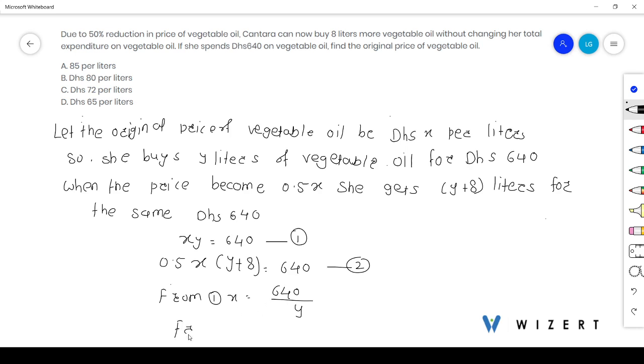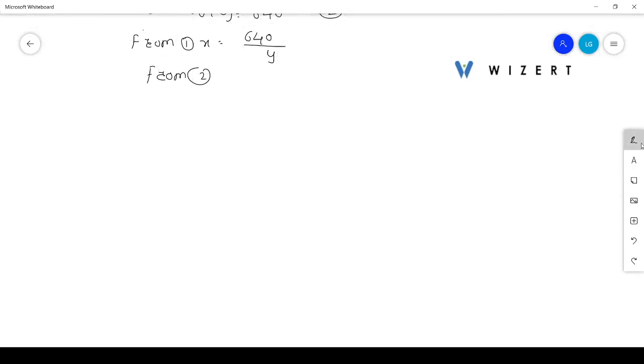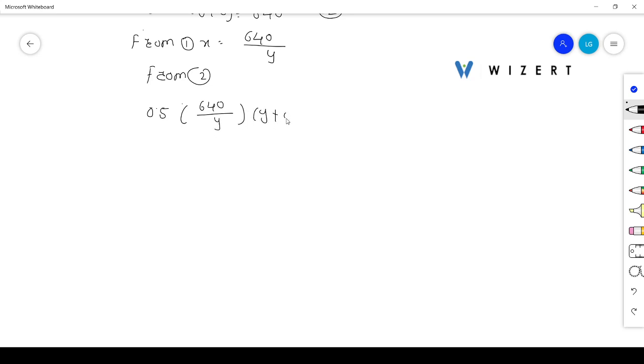And from 2, if we substitute this x, from 2, 0.5 into 640 by y into y plus 8 equals 640.